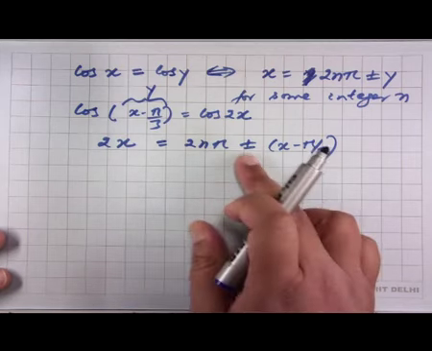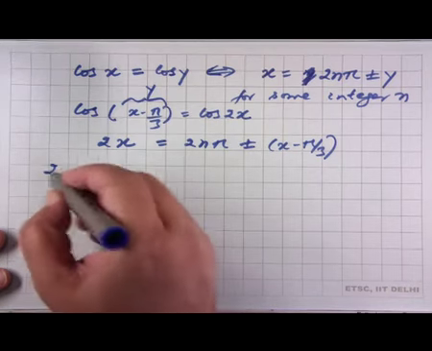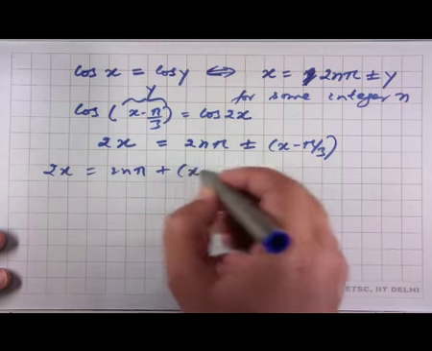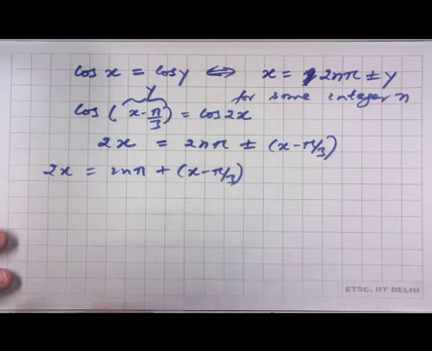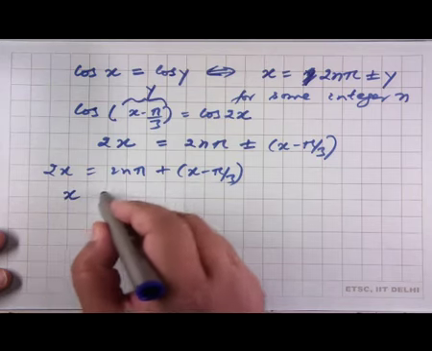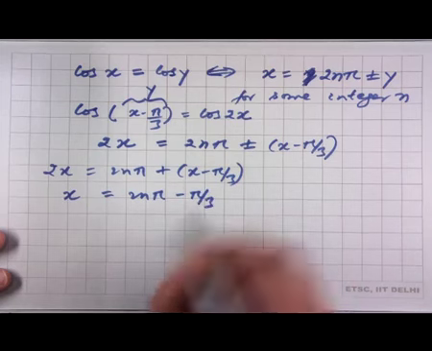So if we start first with the plus sign here, what we get is 2x must be 2n pi plus x minus pi over 3, which implies that x must be of the form 2n pi minus pi over 3.